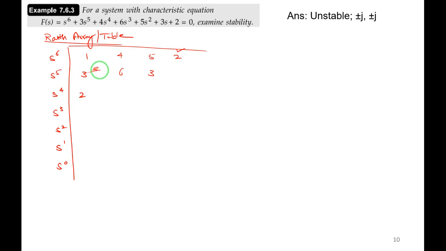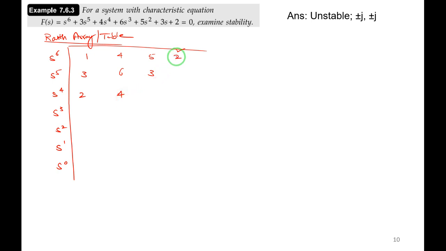Next calculate this element. Leave this: 5 times 3 is 15 minus 3 times 1 is 3. So 12 I am getting, divided by 3. So I am getting 4 here.